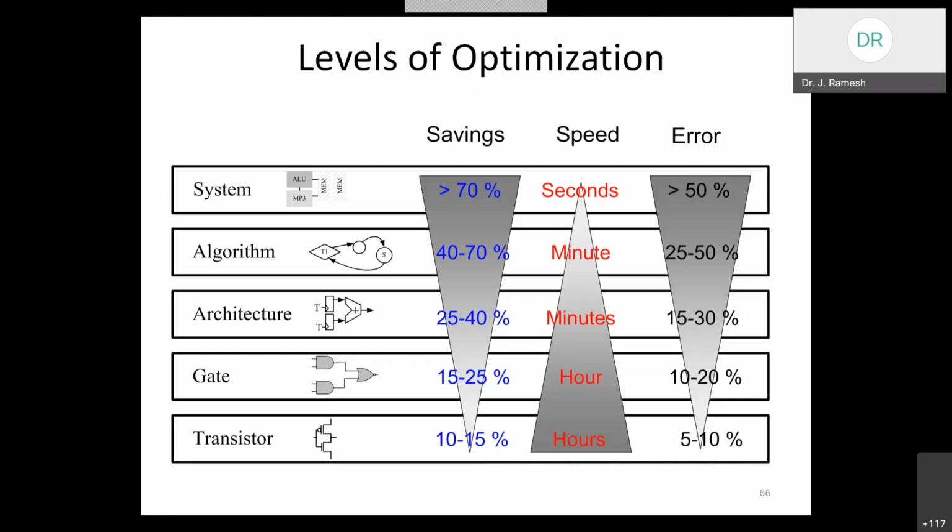And we can go for algorithmic specific instruction sets. Instead of going for a generic instruction set, we can go for an algorithmic specific instruction set. And then providing on-chip cache. So these are the various techniques.